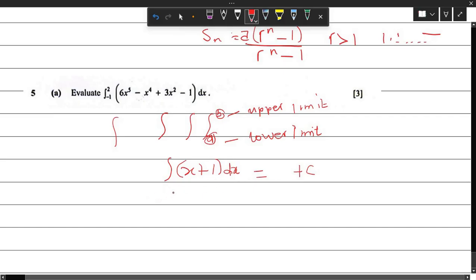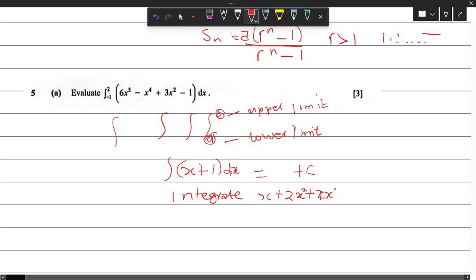So at times they might just say integrate directly, then they give you a function x maybe plus 2x squared plus 4x power 3. So it means the same thing.